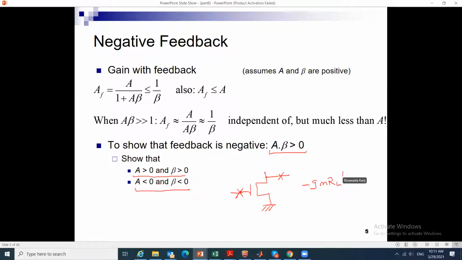So what we have to do, either I have to find a negative beta, so this A block is negative, or I need to cascade two common source amplifiers so that the overall gain negative becomes positive, and I can have a positive beta block with them. And this here becomes minus GM RL prime. As the A block, two of them will become positive, and then I can have a simple voltage division for the beta block, and the voltage division is a positive gain. Okay, we will see examples later, but I'm just giving you some hints to this stuff.